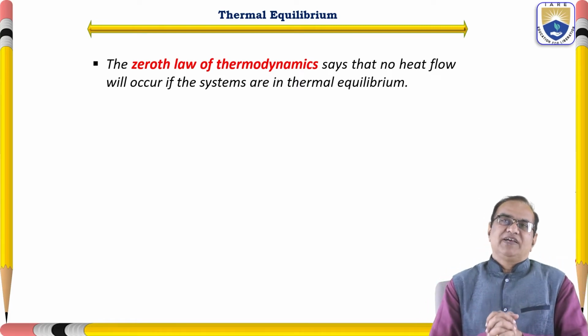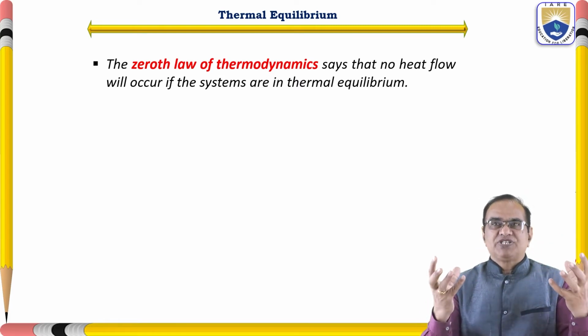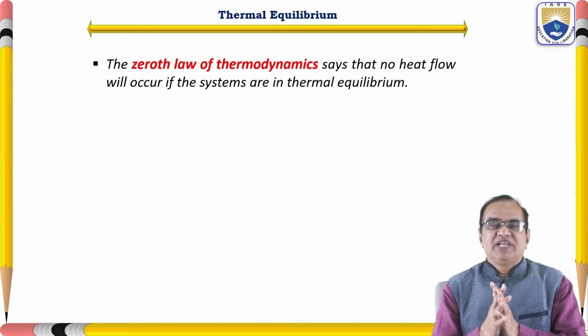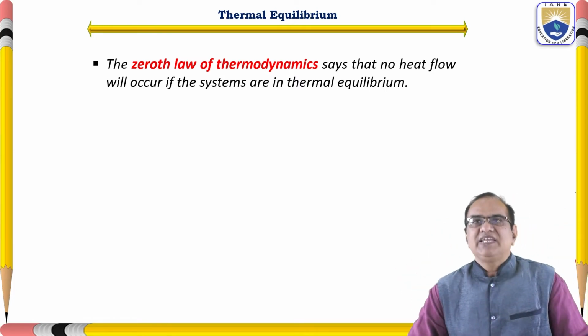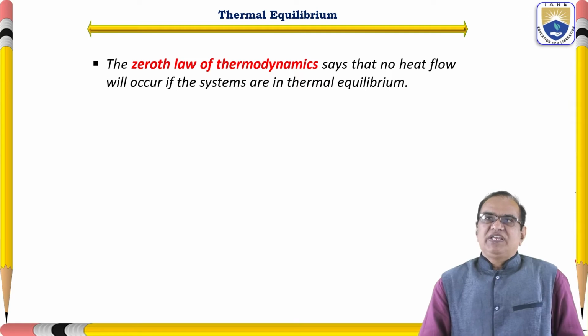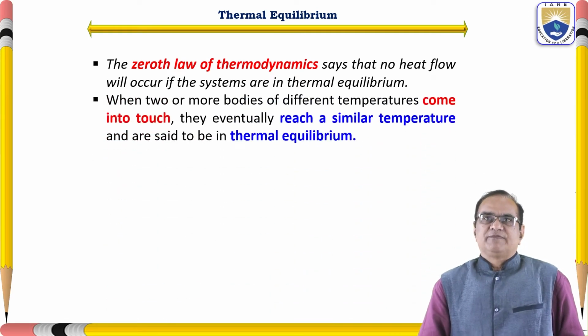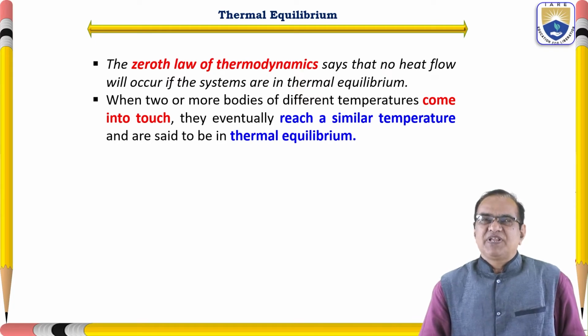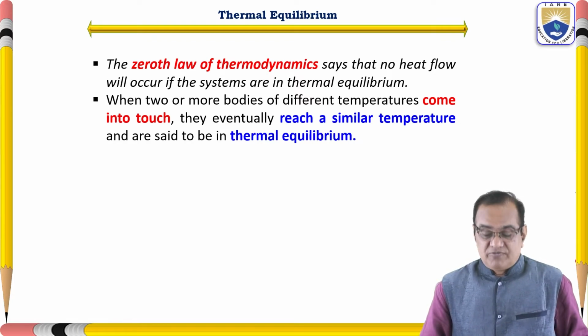So the zeroth law is telling that if two systems have the same temperature, there will not be transfer of any thermal energy, or any heat. When two or more bodies of different temperatures come into touch, they eventually reach a similar temperature and are said to be in thermal equilibrium.